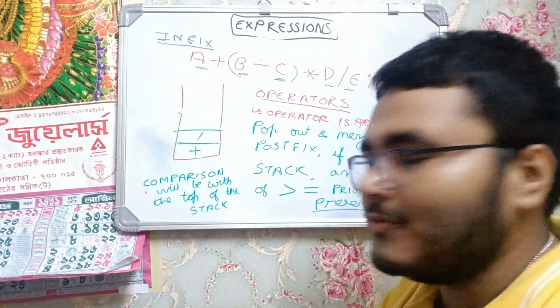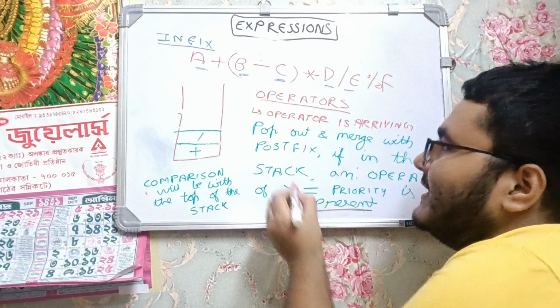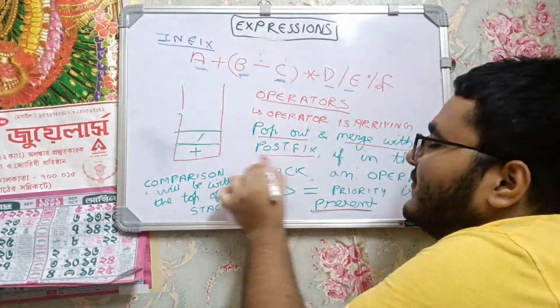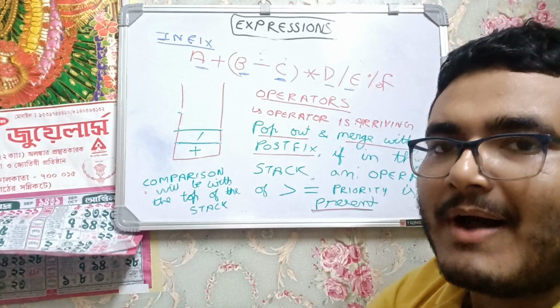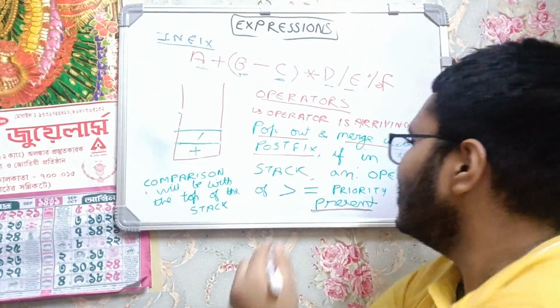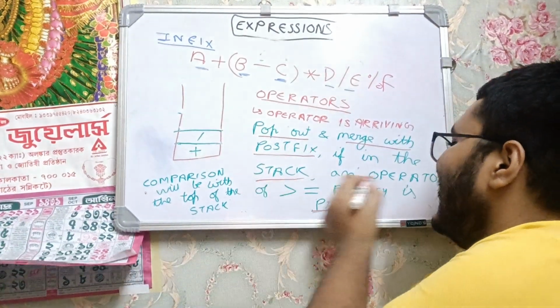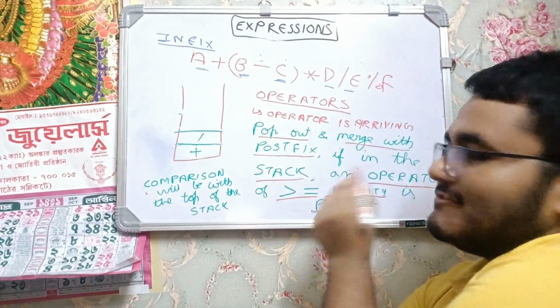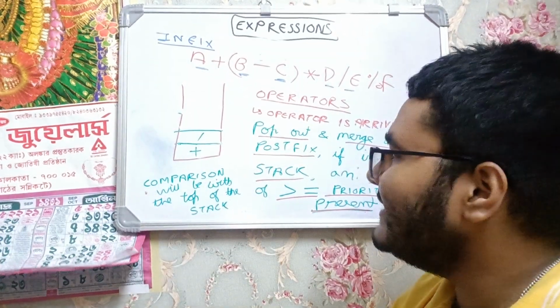This is the case you need to do: pop out, merge with postfix, if in the stack an operator of greater or equal priority is present. What do I mean by this?